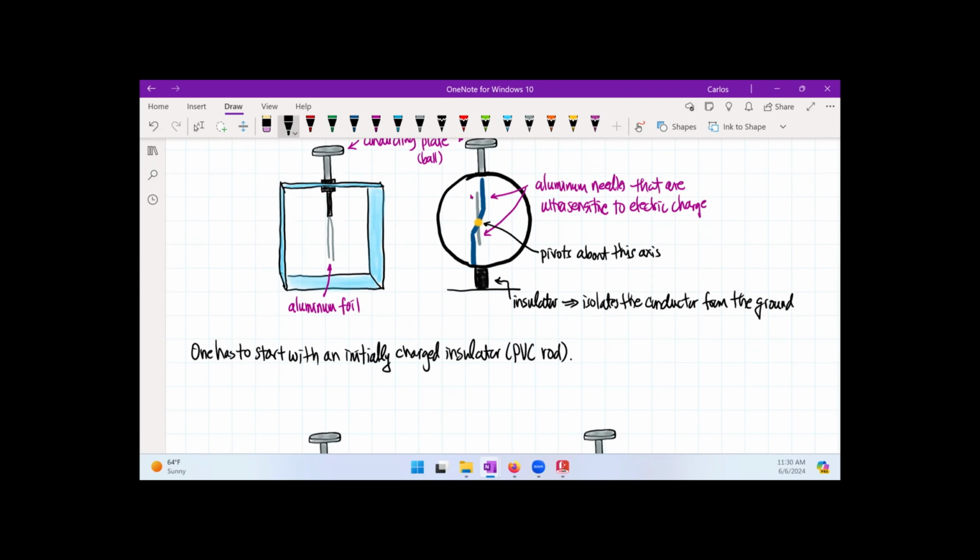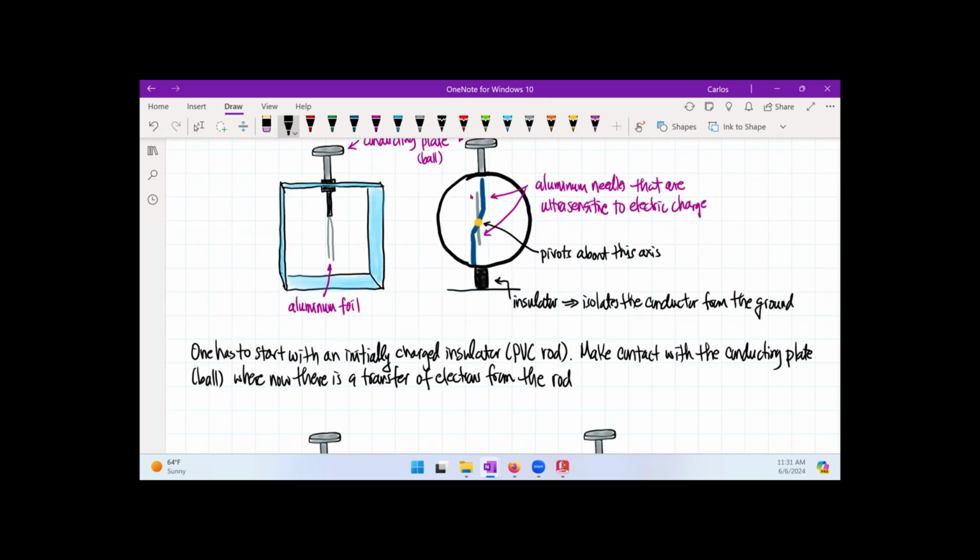And so now what's going to happen here is that we're going to make contact with the conducting plate or ball, where now there is a transfer of electrons from the rod to the electroscope.